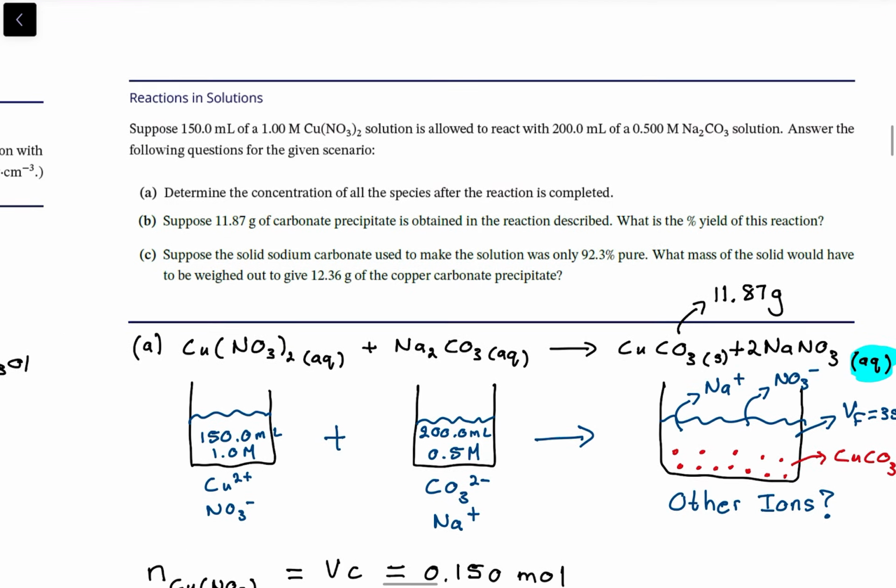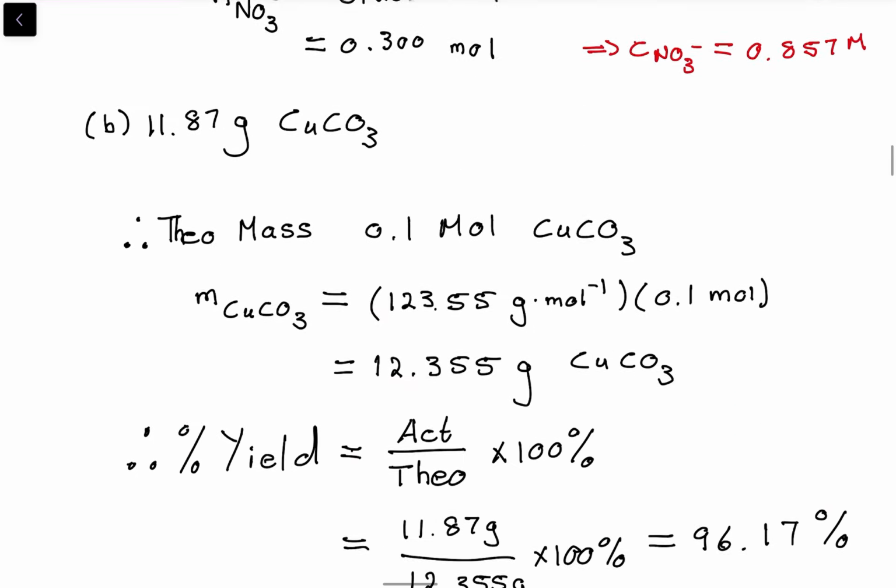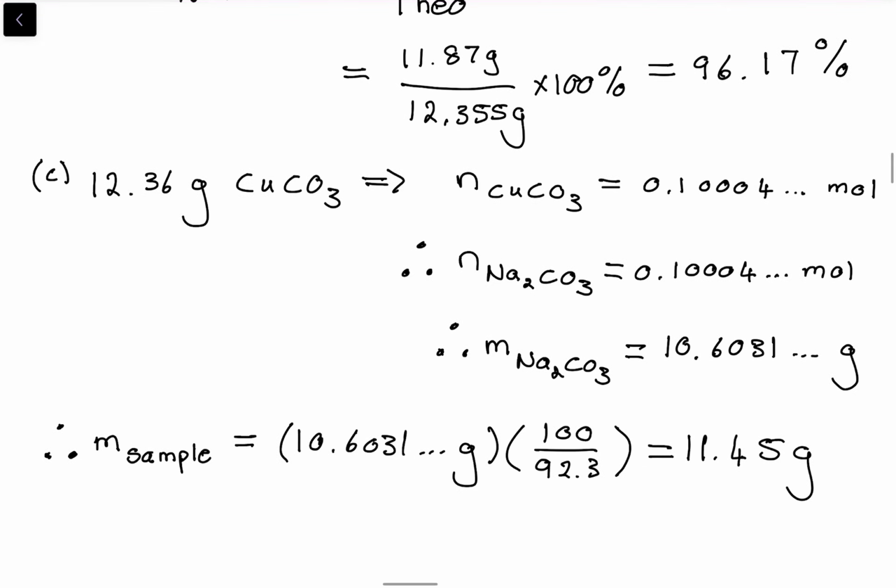Because essentially what it says at the end of the day, what mass of solid would have to be weighed out to give 12.36 gram of copper carbonate? So what we did is we determined what would give 100%, and we just worked backwards. So how many moles sodium carbonate did we need? That gave us the mass of sodium carbonate we needed, but we know the sample is not exactly 100% pure.